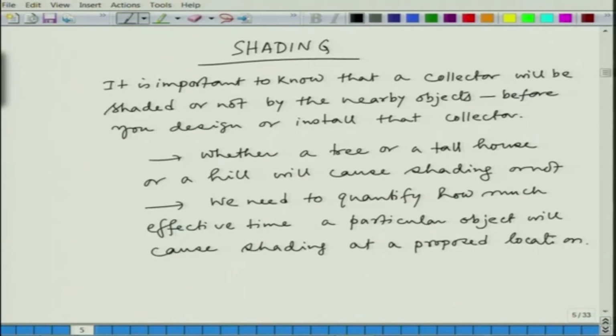That is one thing. The other reason why we need to understand shading is that solar energy is not only a method to get you electricity, it also affects a lot of other things in life, like your home and how you design the building, which needs to incorporate the elements of solar energy. Because of the windows that you are designing, if you are in India, it is a hot country.